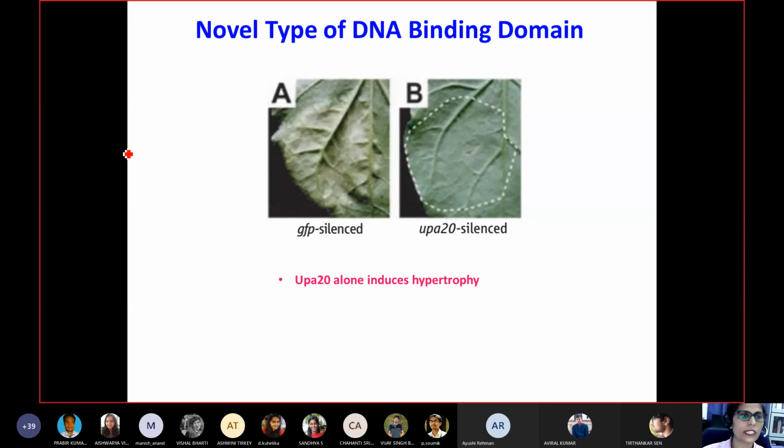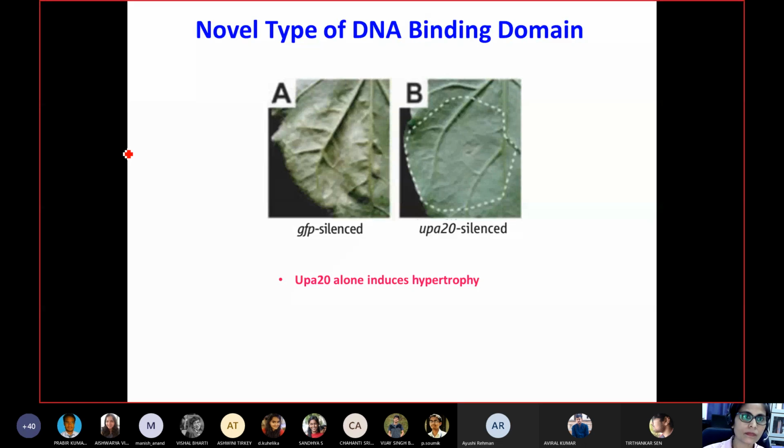They started isolating this complementary cDNA, and they did two different kinds of assay. One is reverse transcription polymerase chain reaction, and another is an analysis where they did hybridization assays. With these assays, they were able to find that the cDNA for UPA20, which has a prominent helix-loop-helix motif, was a putative transcription factor.